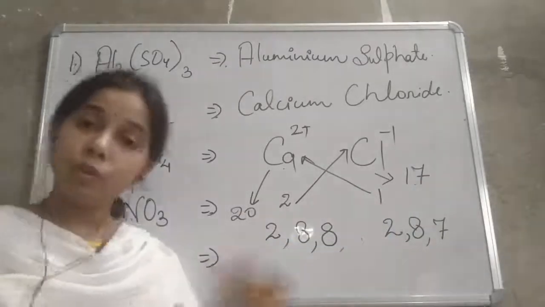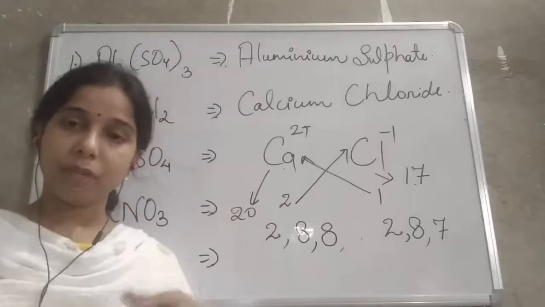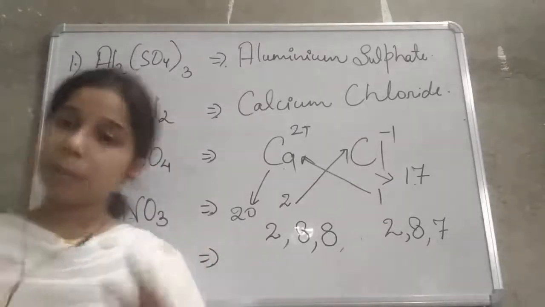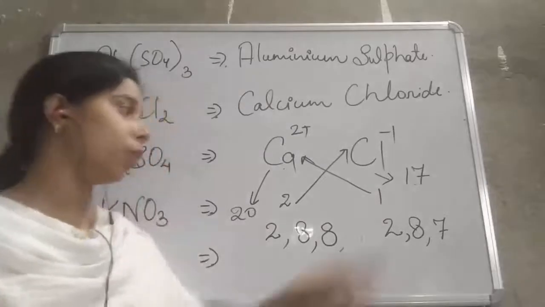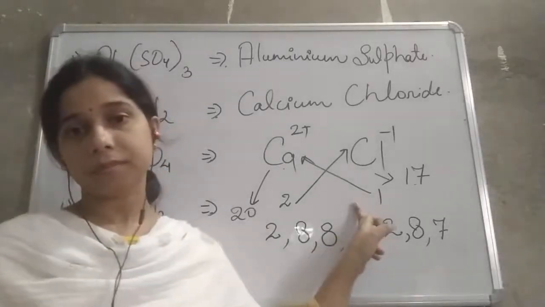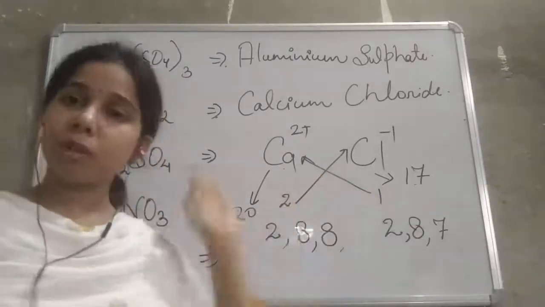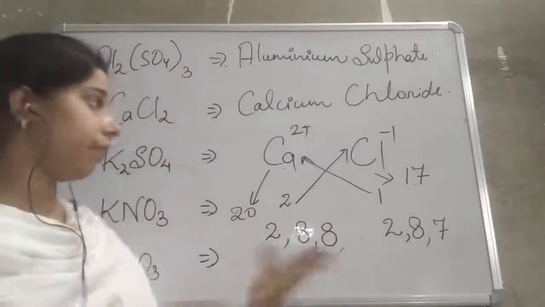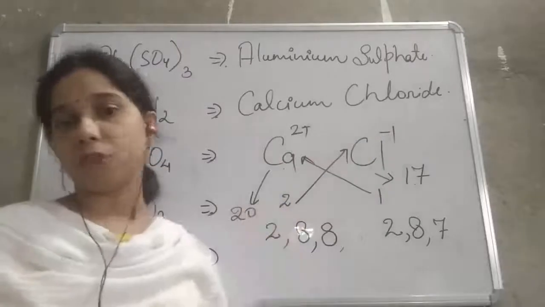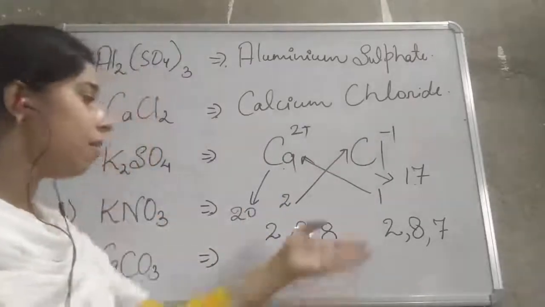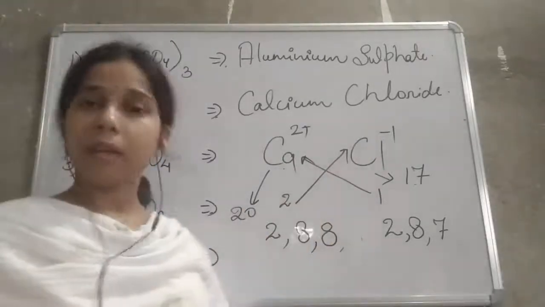It will complete its octet. So the valency of chlorine will be 1. By this you can find it, or if you know the charges, with the help of the charges you are able to find the valency of this particular compound.